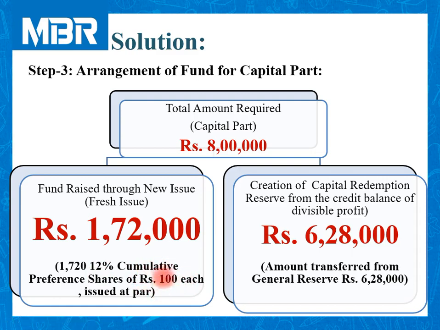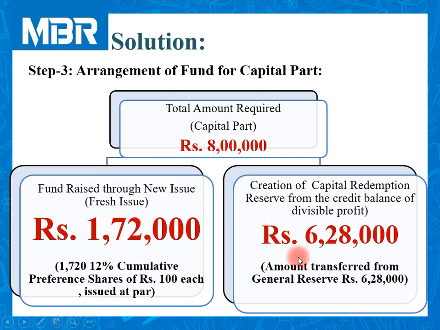So by issuing new shares, the company has collected rupees 1,72,000. Now, out of rupees 8 lakhs, 1,72,000 rupees is collected by the company by issuing cumulative preference shares. As you all know, these 8 lakhs are a combination of these two items, that is a fresh issue and the amount transferred to CRR. So out of 8 lakhs, 1,72,000 is collected by the company through the new issue.